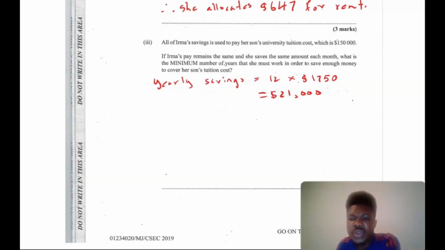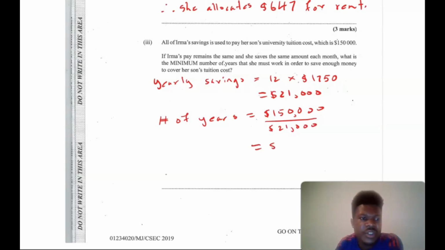So we need to know how many 21,000s we can get from the 150,000. So we want to know the number of years. Number of years is going to equal 150,000 divided by 21,000.